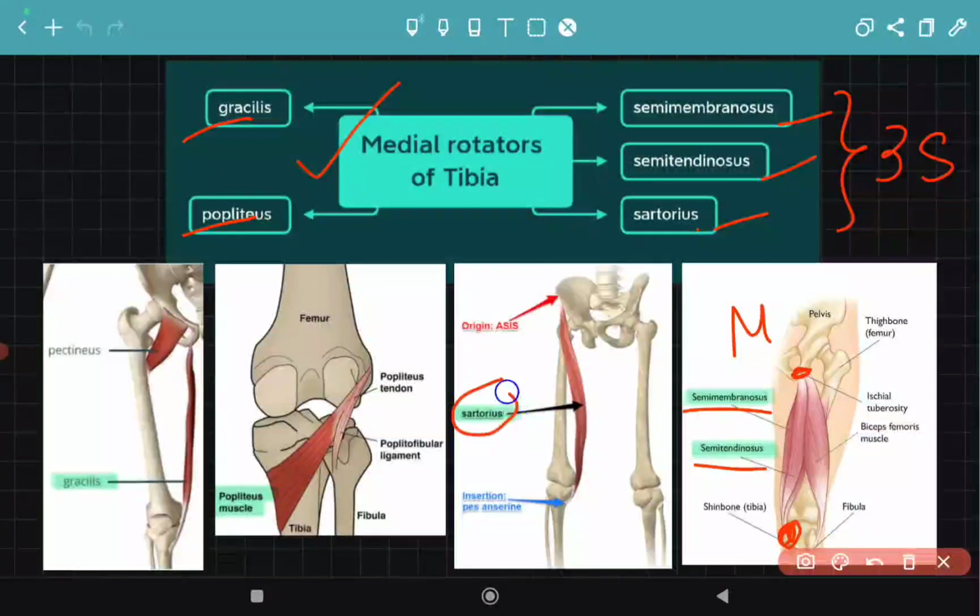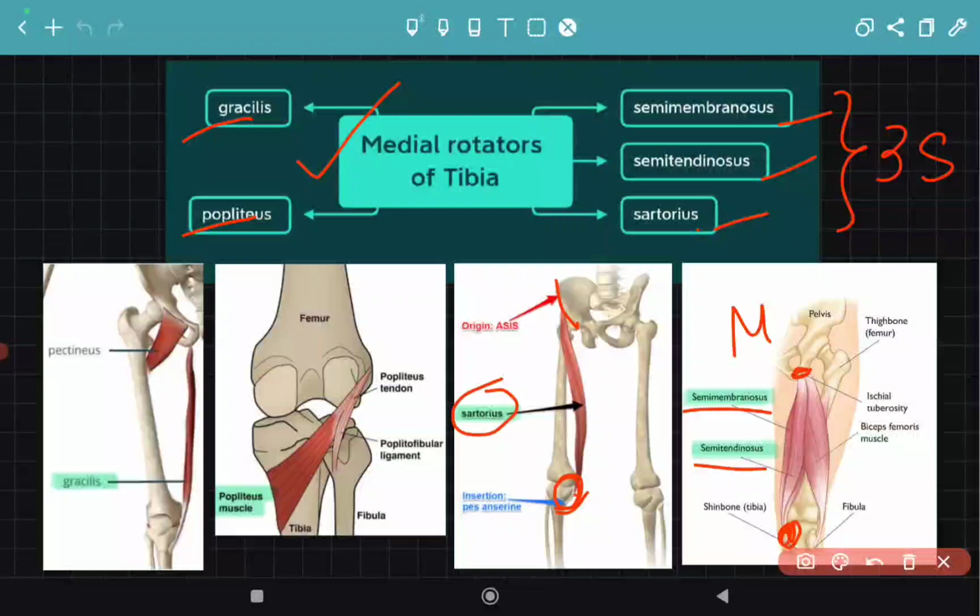Next is sartorius. As we can appreciate, it comes from ASIS to the proximal aspect of tibia below the medial tibial condyle, as we discussed. So sartorius is also a medial rotator of tibia.